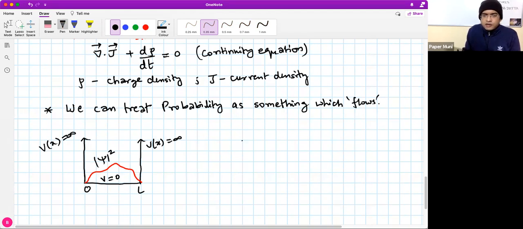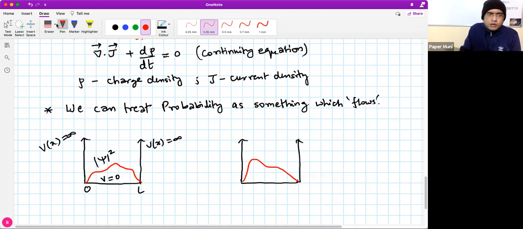Now let's say after some time this changes to this situation. Let's draw the potential well first. So it becomes like this. All right, the shape changes. Now the probability in this part increases, and in this one it decreases.